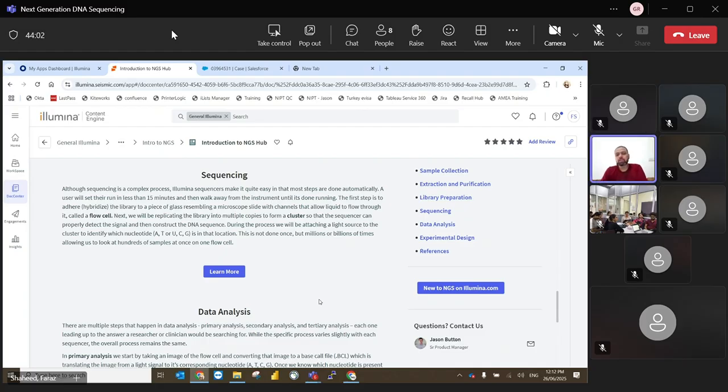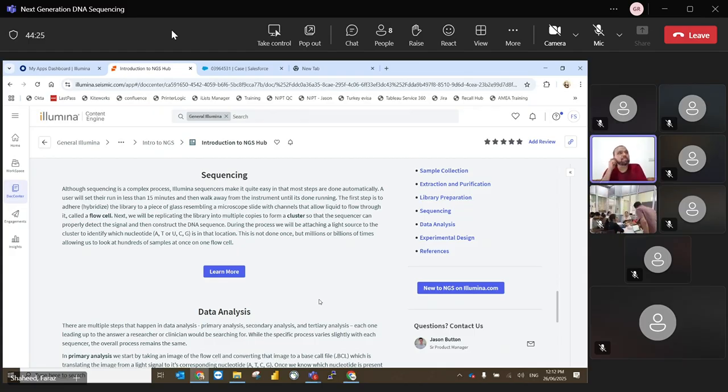So when we talk about Illumina's sequencing technology, it has a lot of steps. For example, it does something called cluster generation or cluster amplification. So on the flow cell, when the DNA fragment binds, it will hybridize to the flow cell, and it will also amplify on the flow cell.